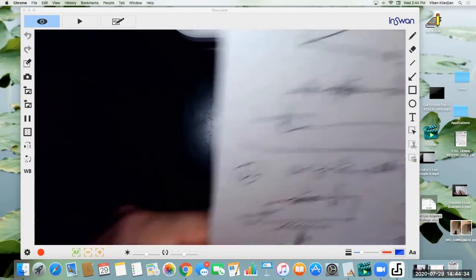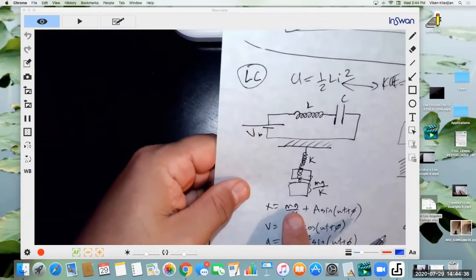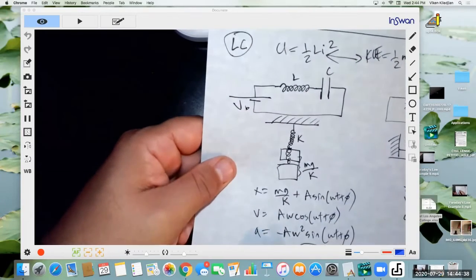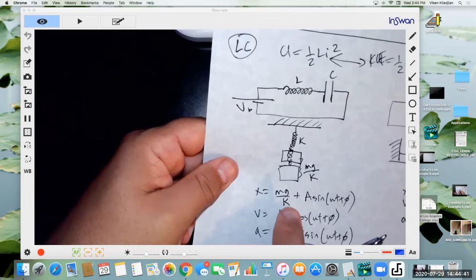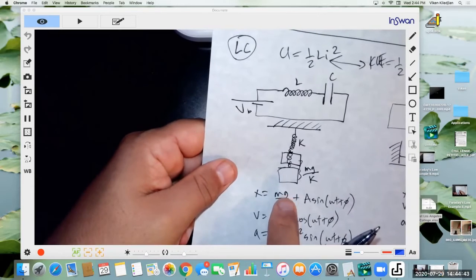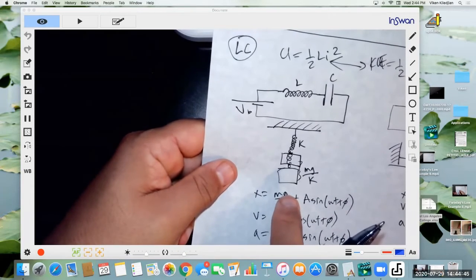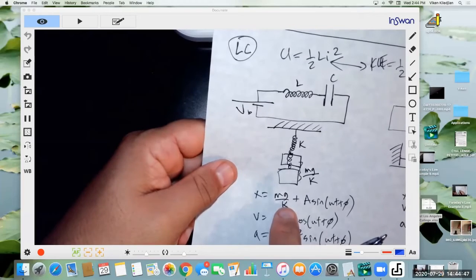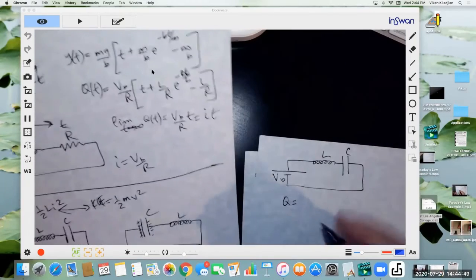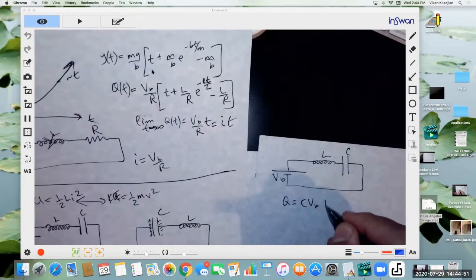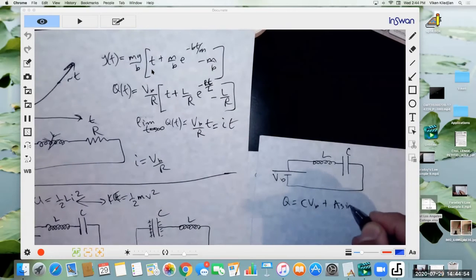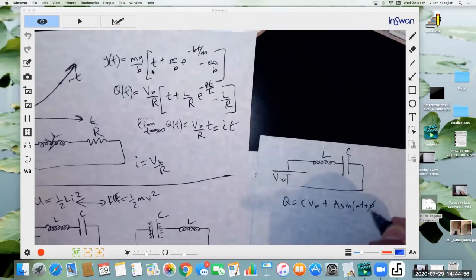I'm just going to take this equation, replace mg over k by C V_B, right? So remember, mg gets replaced by V_B, and 1 over k gets replaced by the capacitance. So q equals C V_B plus A sine of omega t plus phi.